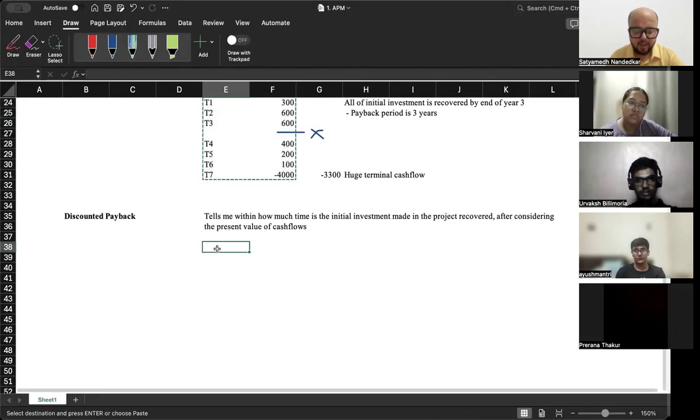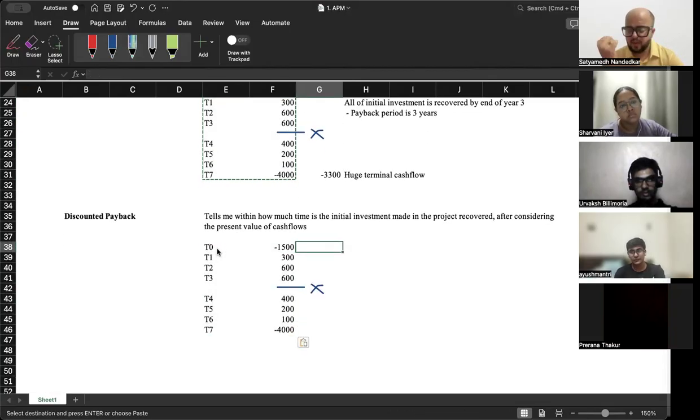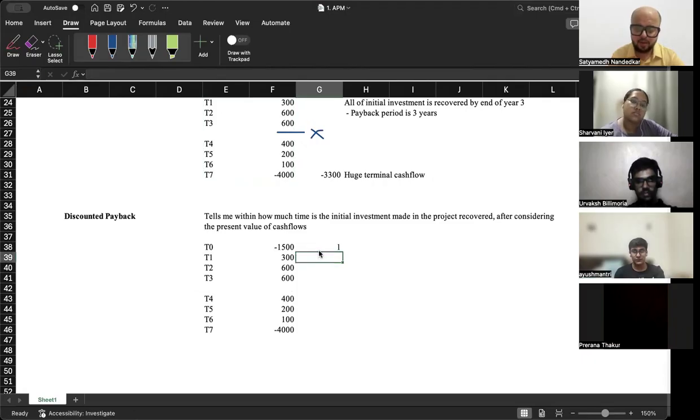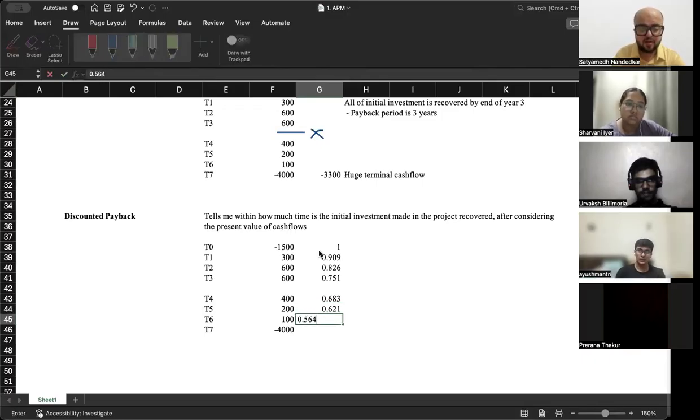Look at this method. See, when you say, for example, you are using a discounting factor of 10%. So 1, 0.909, 0.826, 0.751, 0.683, 0.621, 0.564.